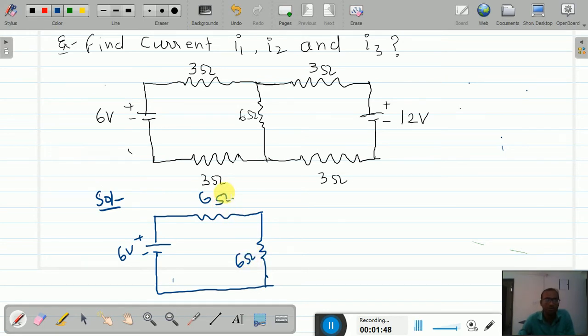You know how it became 6 ohm? Because we have replaced this 3 ohm in this place. So 3 and 3 will become 6, and here also 3 and 3 will become 6.